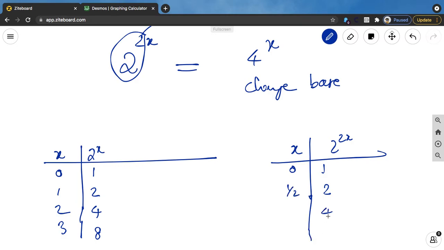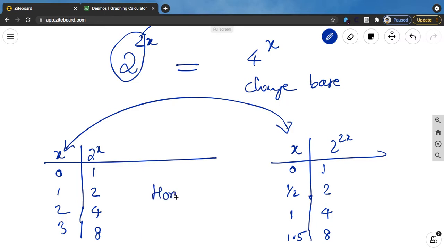If I need 4 as the answer, I only need x as 1. If I need 8 as the answer, I only need x as 1.5. So what is happening essentially is in 2 raised to 2x, at half the value of x, I'm getting the same y value. So it can also be thought of as horizontal compression.